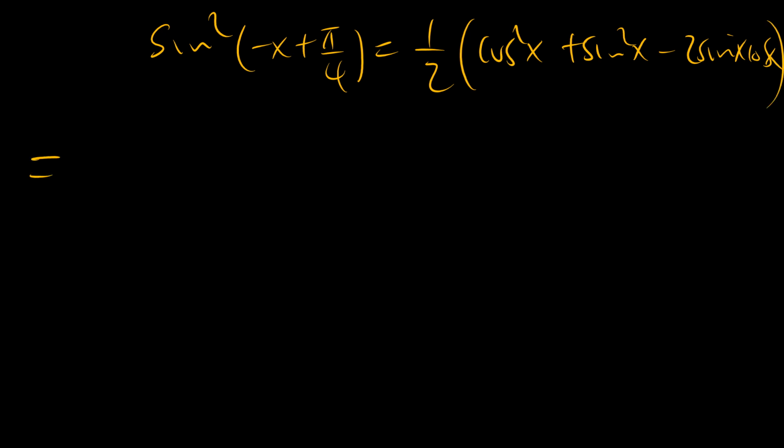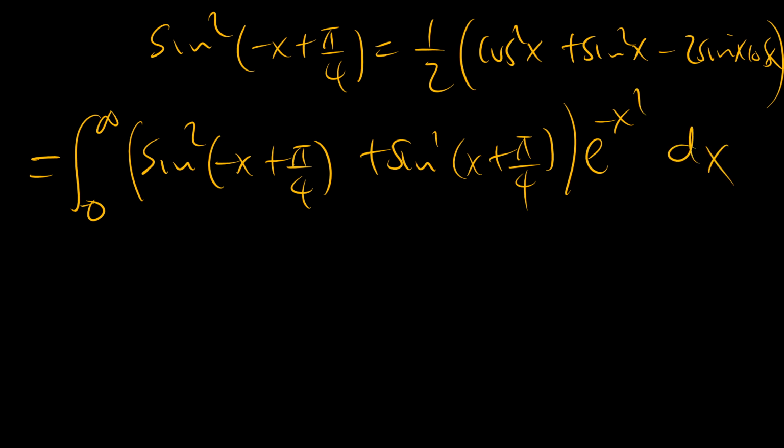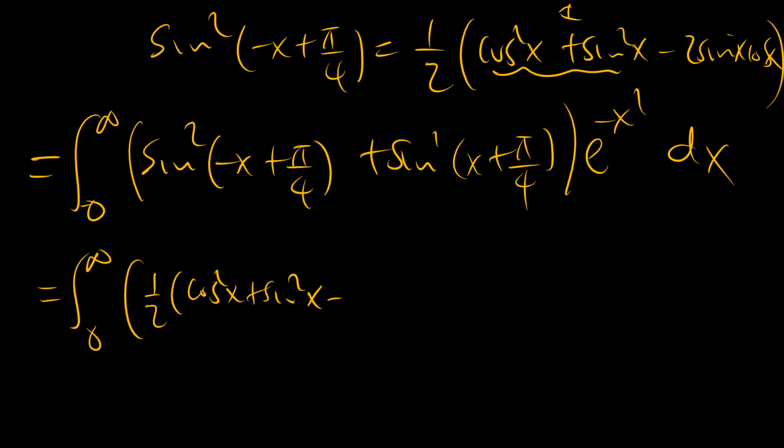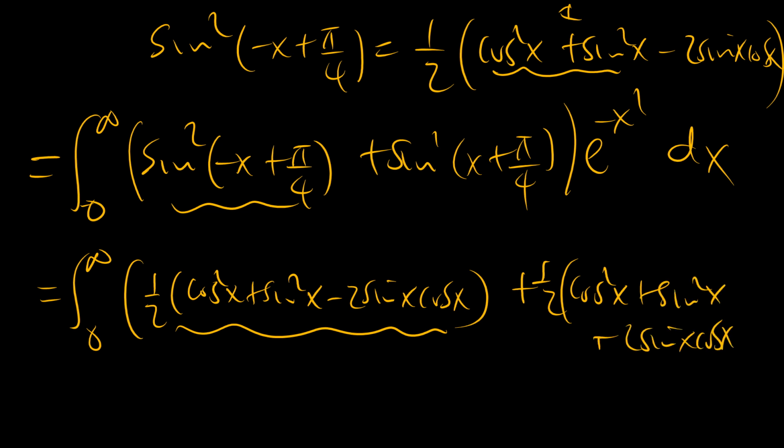So our integral, that is from 0 to infinity, of sine squared of (negative x plus pi over 4) plus sine squared of (x plus pi over 4), times e to the negative x squared dx, is the same as 0 to infinity, a half times (cosine squared x plus sine squared x minus 2 sine x cosine x), corresponding to this part, plus a half times (cosine squared x plus sine squared x plus 2 sine x cosine x), close bracket, e to the minus x squared.